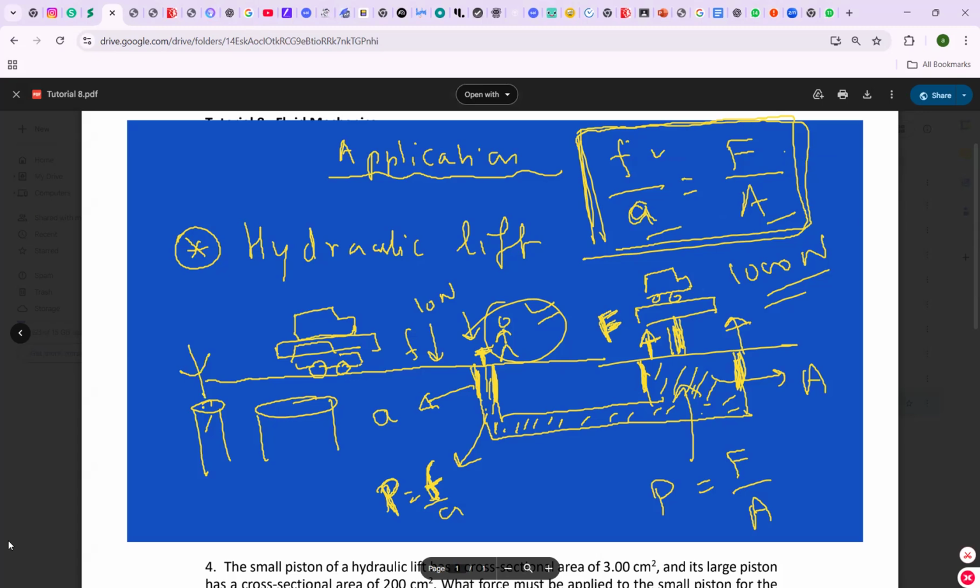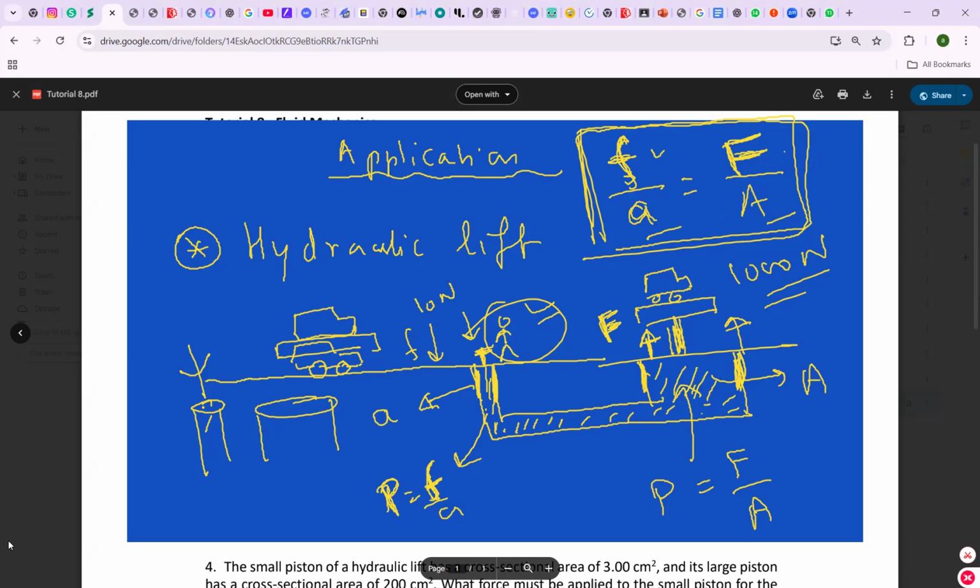Both forces are exerted by the liquid, but the question will be asked in this manner: you are applying this small f by your hand, but in return you are getting this capital F, the big F. Understood?